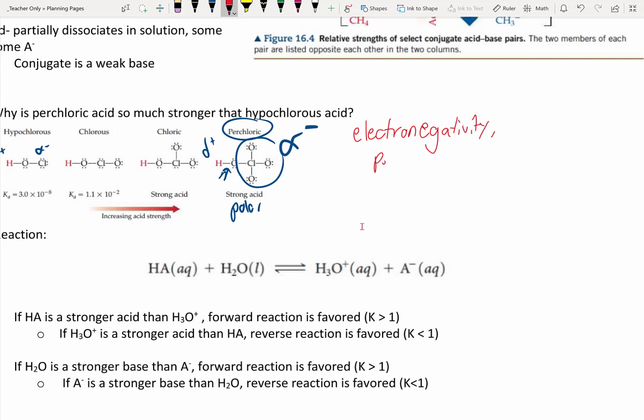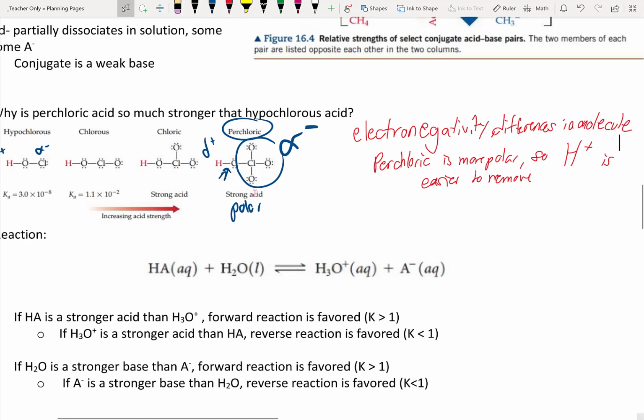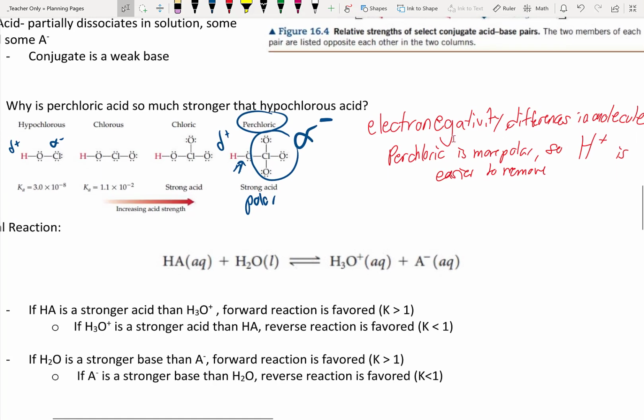Perchloric acid is more polar, so the H+ is easier to remove. The electronegativity differences in the molecule are larger. So because the perchloric is so much more polar, that H+ is going to have a much stronger positive charge on it and thus be easier to remove. Okay, cool.